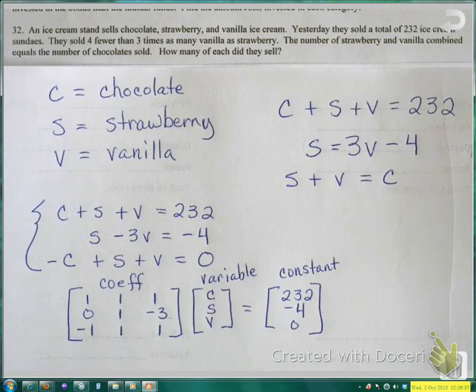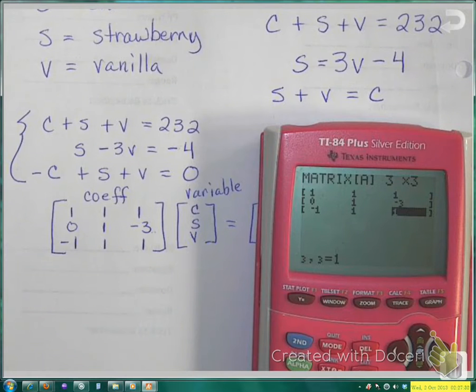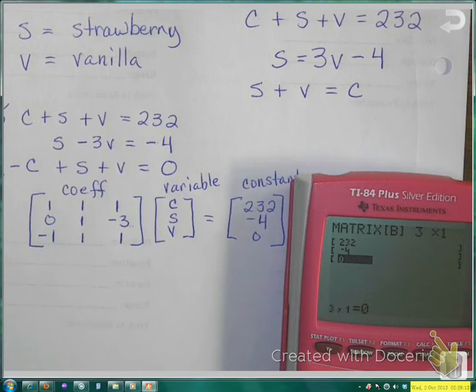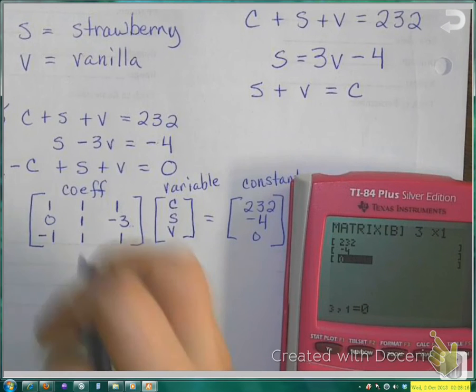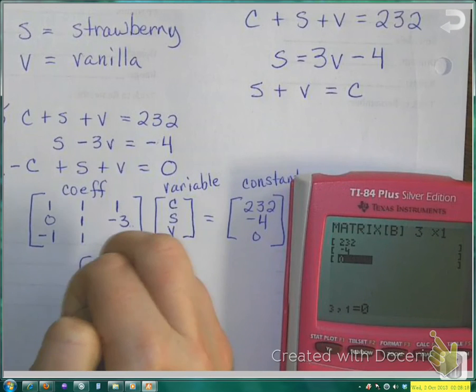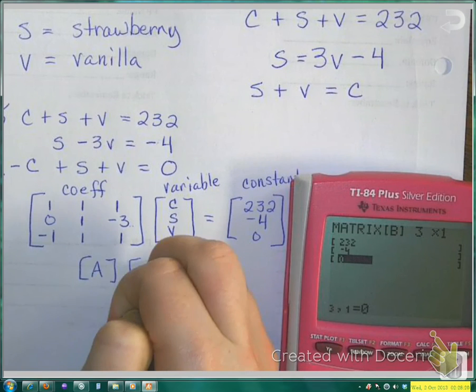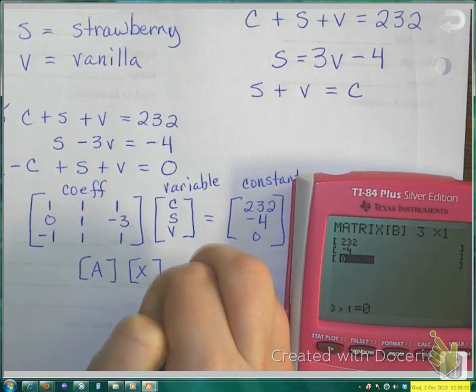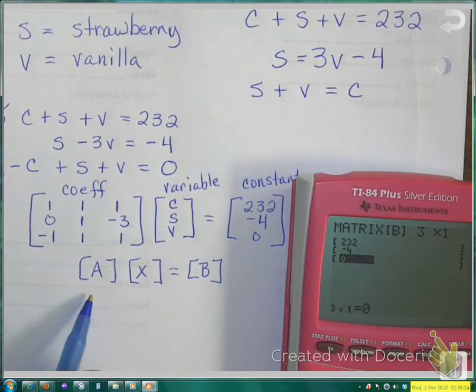So we want to plug these into our calculator in our matrices. So I plug in the coefficient matrix for matrix A. And then let's plug in our constant matrix for matrix B. So here we have our constant matrix for matrix B. So if you remember, whenever we solve for matrices, you don't divide by a matrix, you take the inverse.